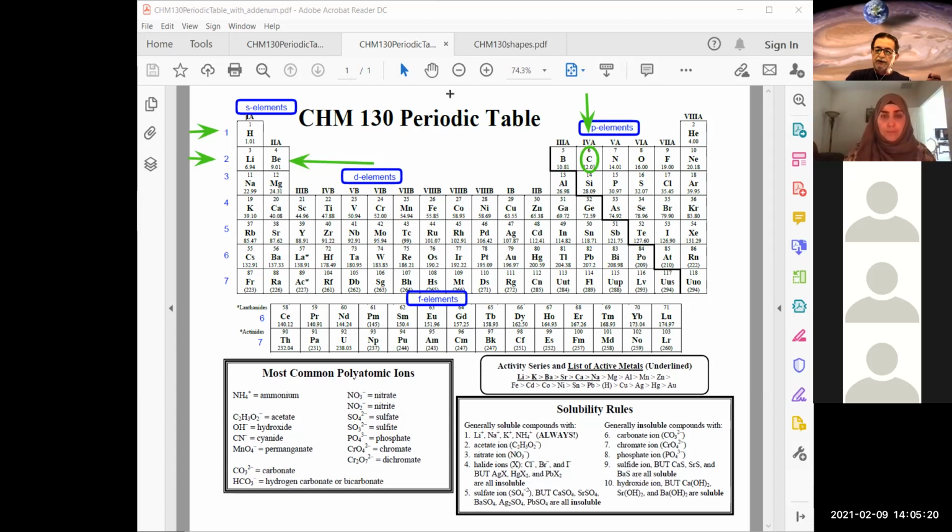With that information, I can start writing the electron configuration, because I know the 1s2 is full, because that's the first layer. I come across and that fills up the hydrogen and the helium. Then I go back to group 2, level 2, where lithium and beryllium are. That's full as I go across the periodic table.